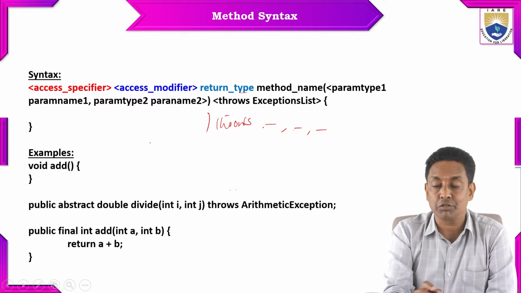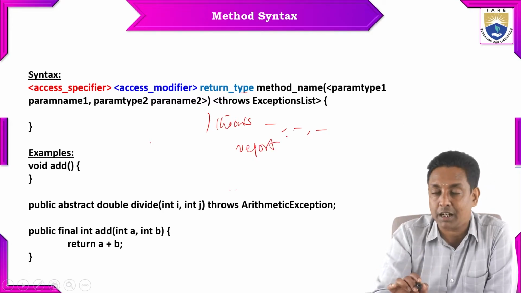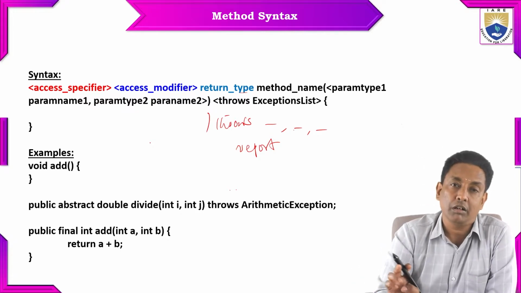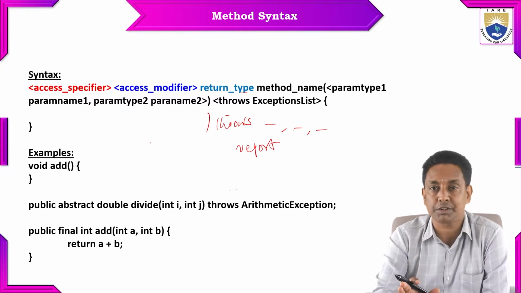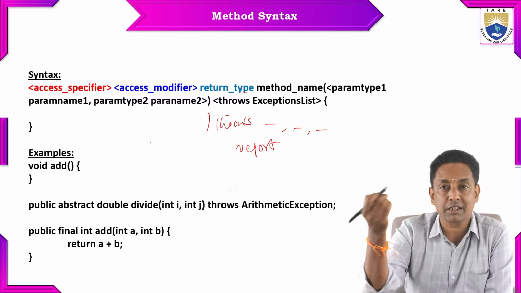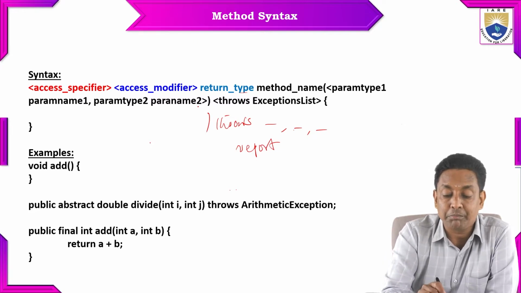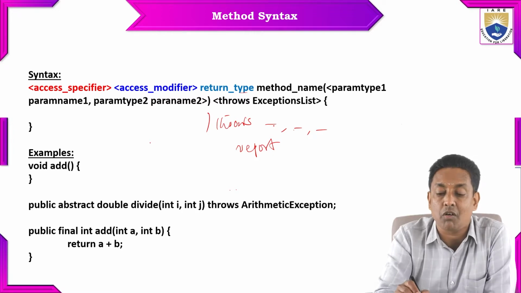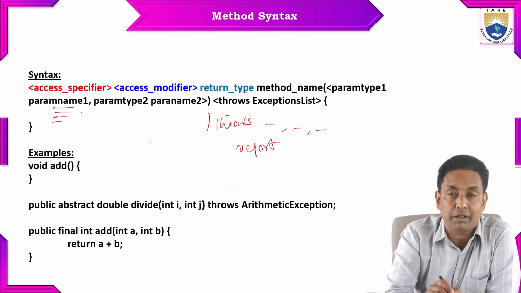This is called the throws clause. The throws clause reports exceptions. In exception handling, we will discuss how to raise an exception, how to handle an exception, and how to report an exception. All that we will discuss in the exception handling topic. But at the end of the method parentheses, in the throws clause, we will mention the list of possible exceptions that our method may cause.